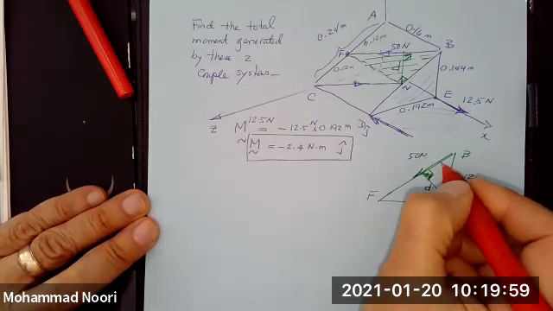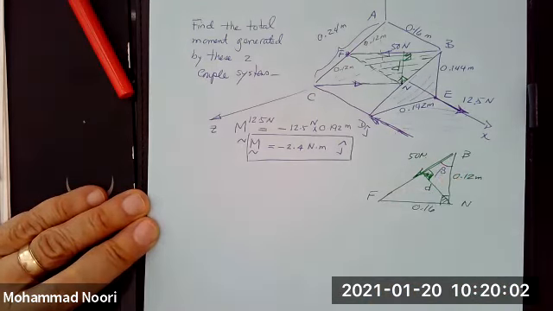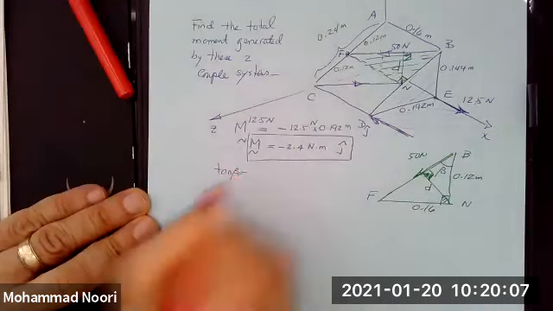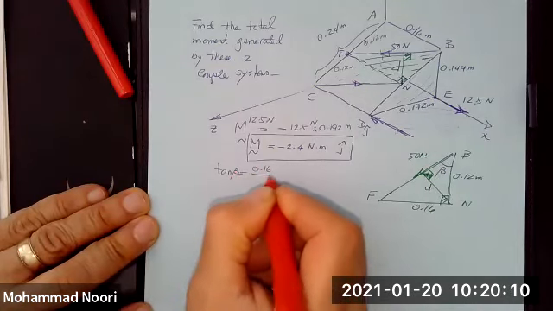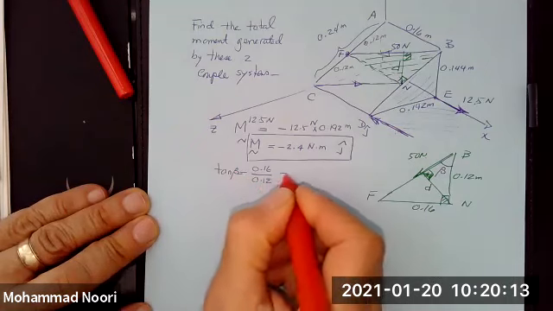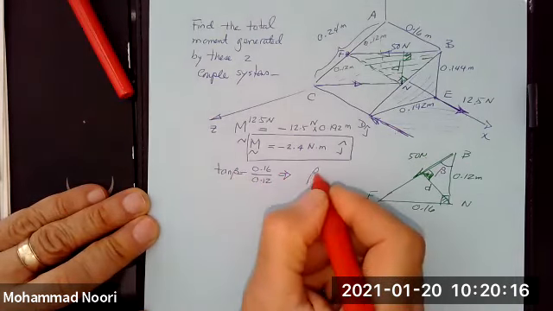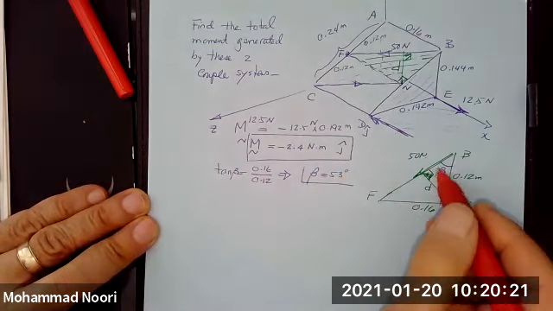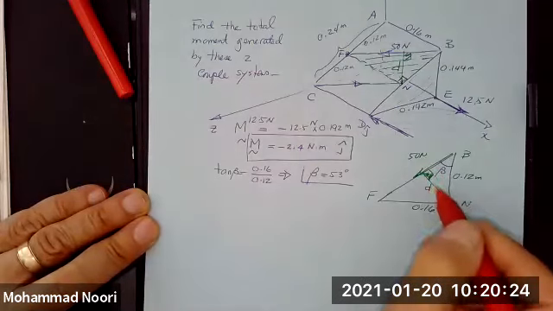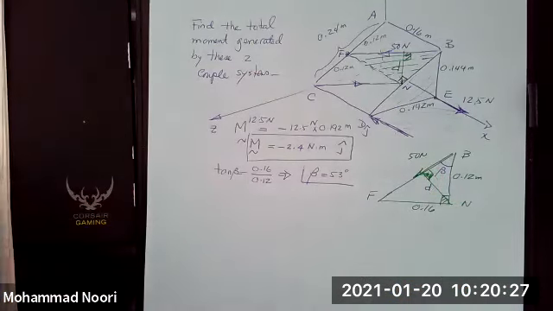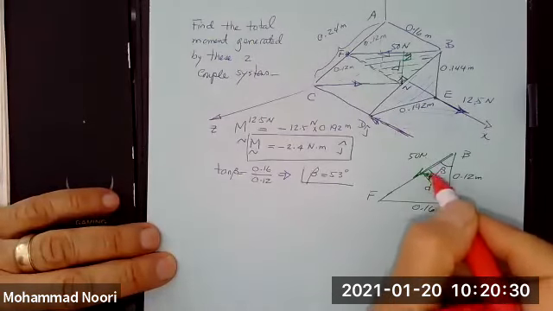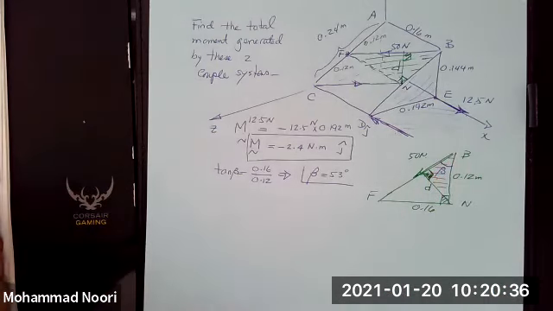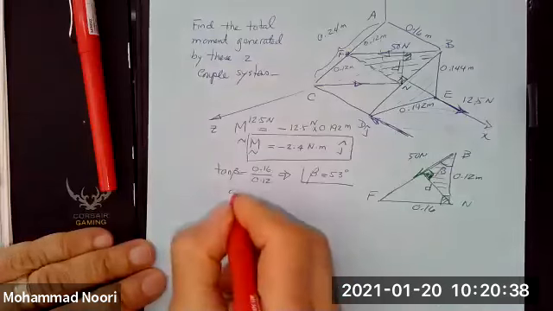All I need to do, if this angle is beta, I can find tangent of angle beta. Tangent beta would be 0.16 over 0.12, and that gives me the angle beta comes out to be 53 degrees. So if this is 53 degrees, I want to find D. I look at this triangle now, okay? This is a right angle triangle, okay? So D would be what?